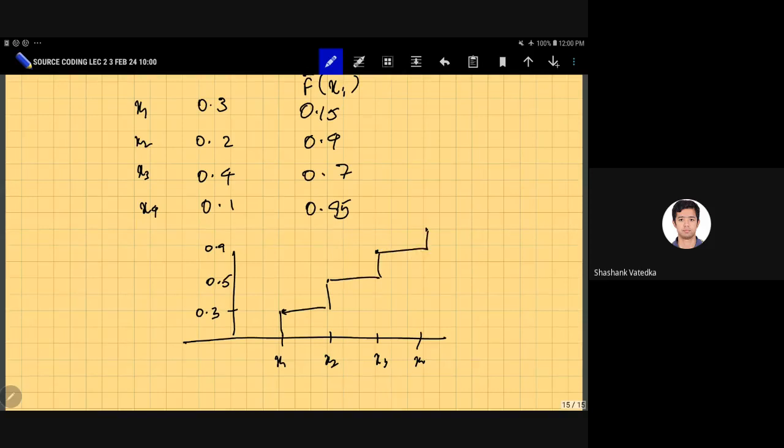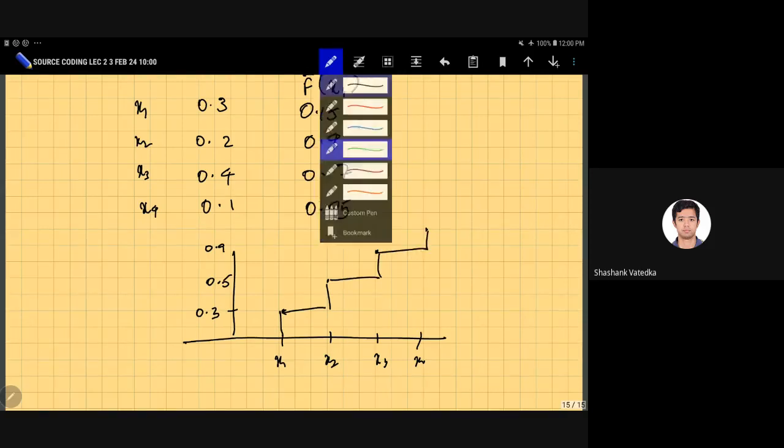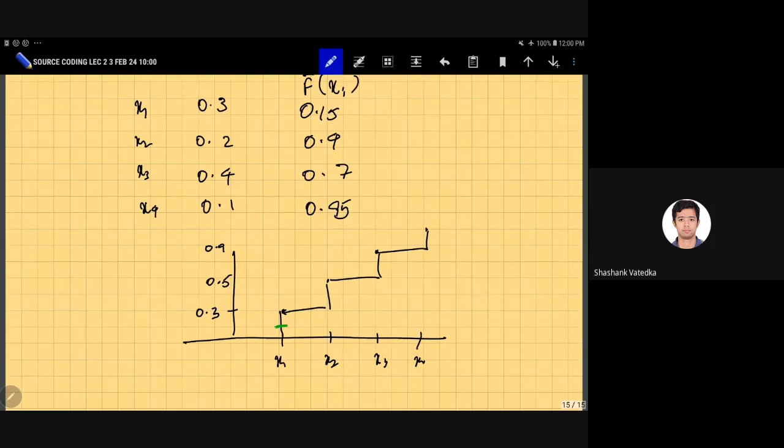So the modified CDF is basically the midpoint of these values. So this is F bar of x1, this is F bar of x2, this is F bar of x3, and this would be F bar of x4. This would be F of x, and this would be F bar of x. So this is F of x1, F of x2, F of x3, and F of x4.